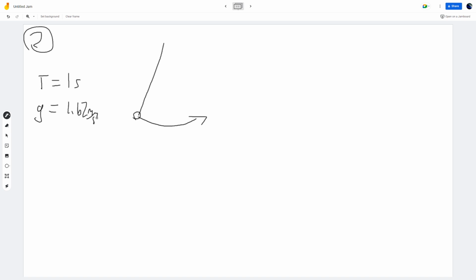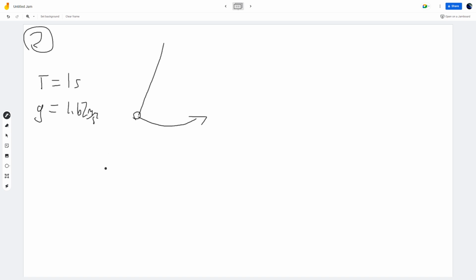Second problem says a single simple pendulum on the moon with a gravity of 1.62 meters per second squared is set into simple harmonic motion. Period is measured to be 1 second. So I'm gonna assume the pendulum is a small angle, approximately an angle less than 30 degrees, and the period is 1 second, and the gravity in this case is 1.62 meters per second squared.